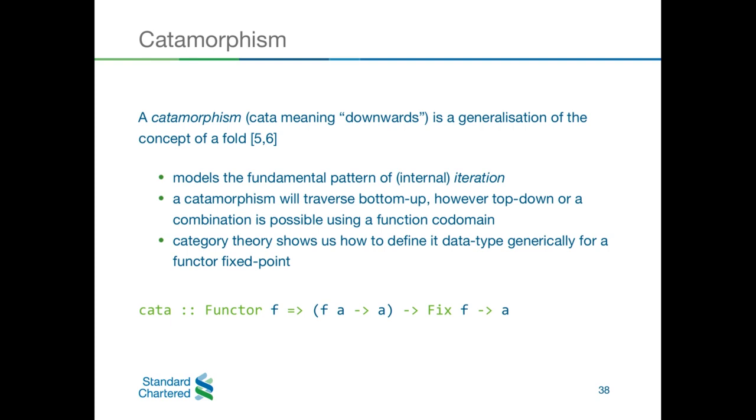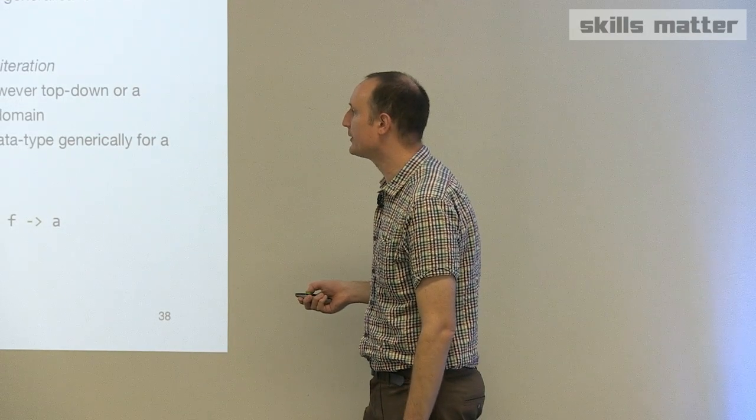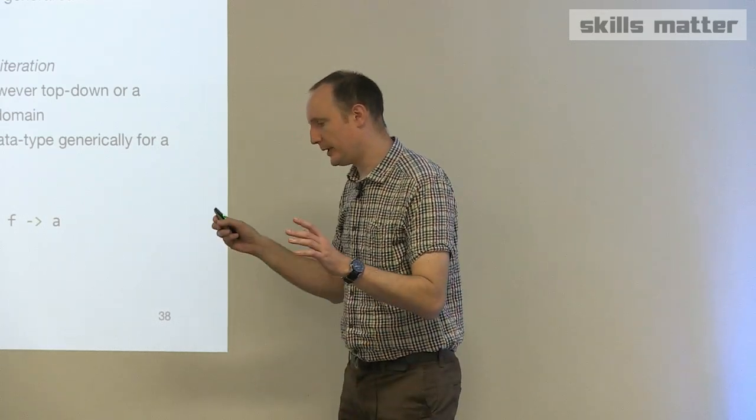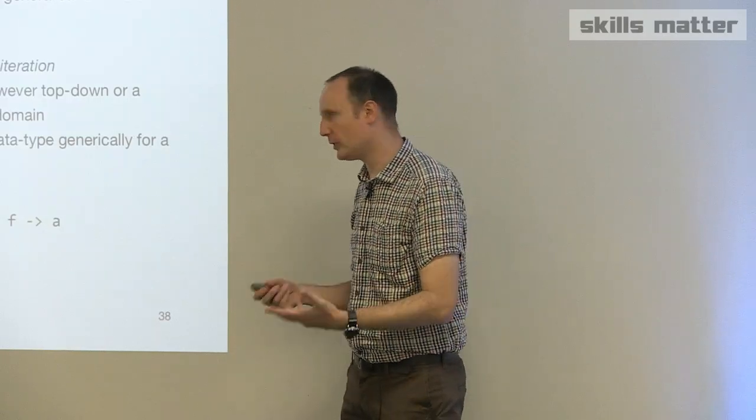But it has a very simple type signature. You can write it for any functor f, and there are lots of variants of kata, just as there are variants of fold, like MapQML. Lots of variants of kata, but you only need to write them once. You can write them once for any functor, and you can also traverse top down by folding to a function that you can then run.